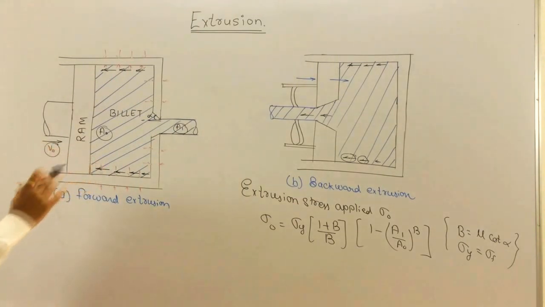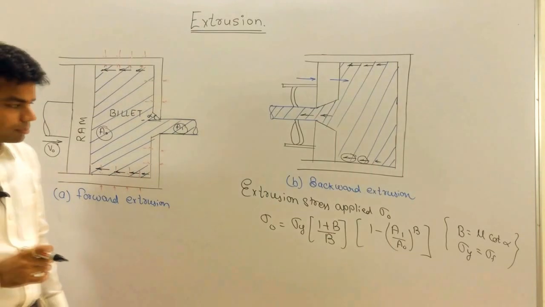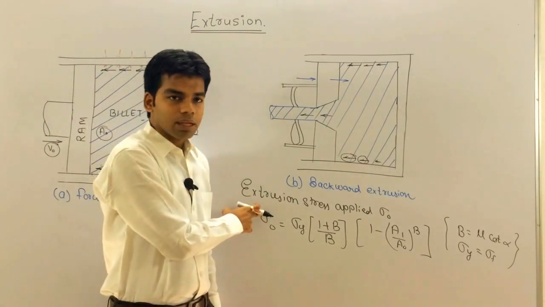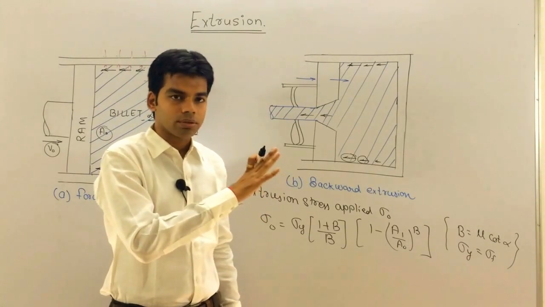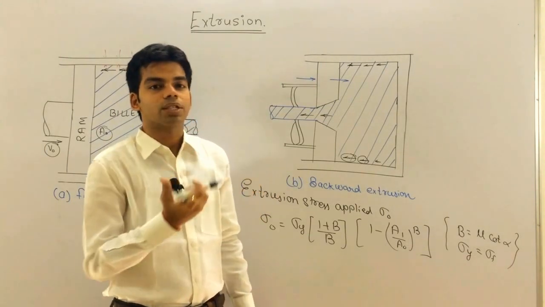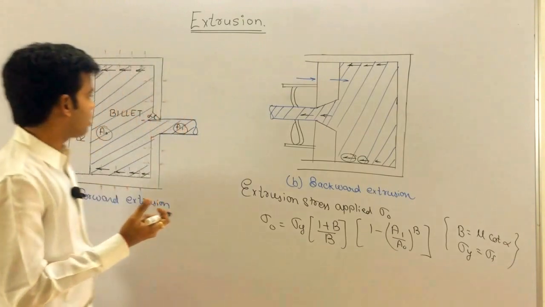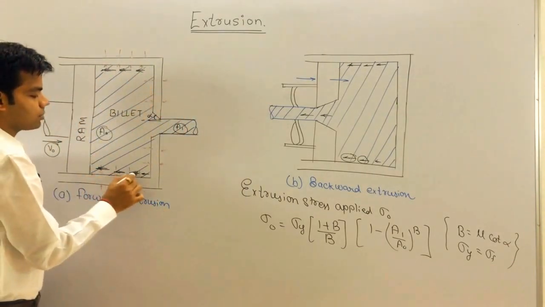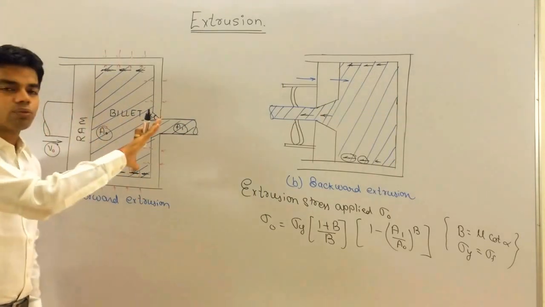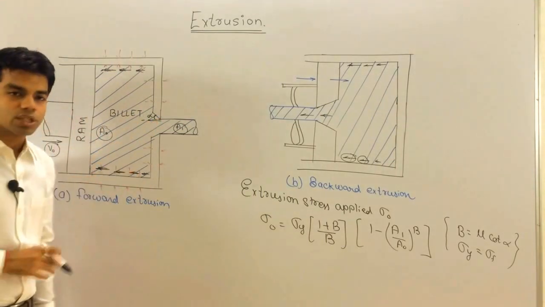Now in case of forward extrusion, what will happen? In forward extrusion, we will have to apply extra force in order to overcome the frictional force. There is a pressure developing because of this frictional force as well, which is in the opposite direction. So we will have to apply more force in order to overcome this frictional force.